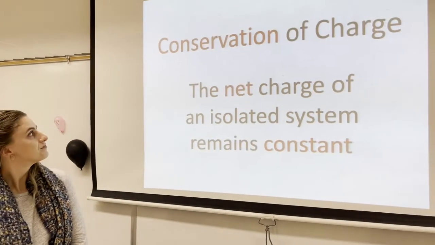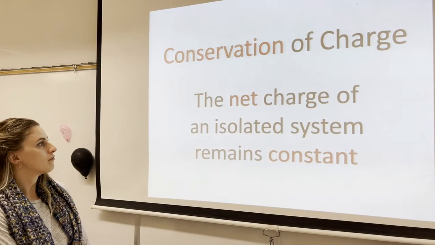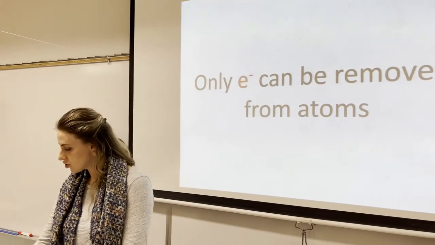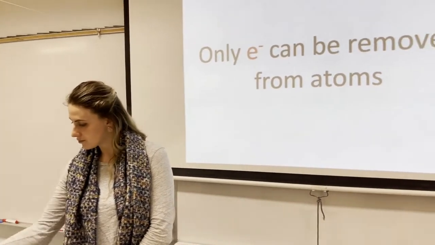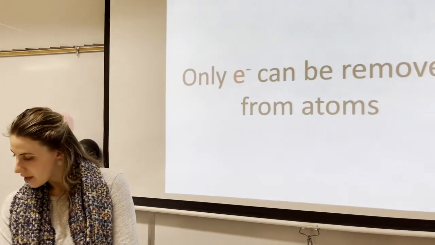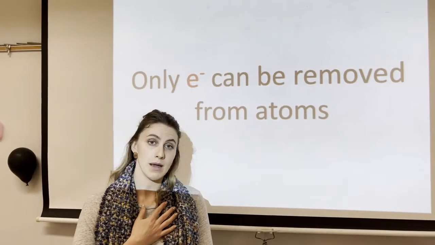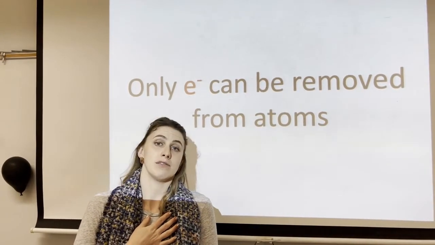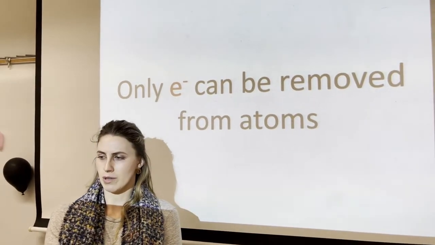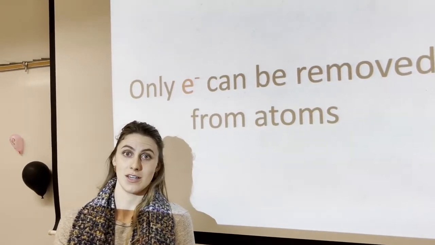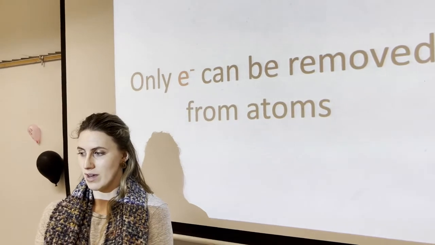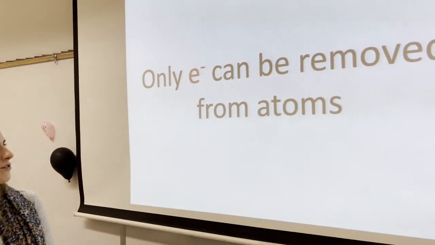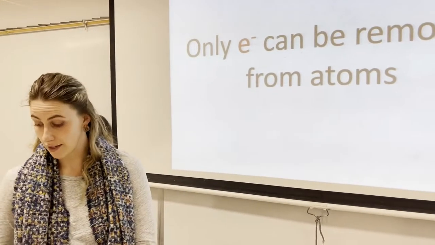If electrons are removed from me and I'm neutral, now I become positively charged, because I'm missing electrons. Now the electrons are on the balloon, so we've got more electrons than there originally were, and now the balloon is negative. So this idea of charge is super important, specifically in the transfer of electrons.